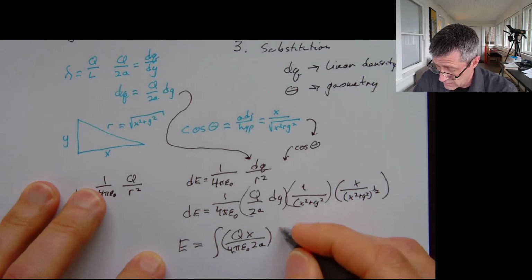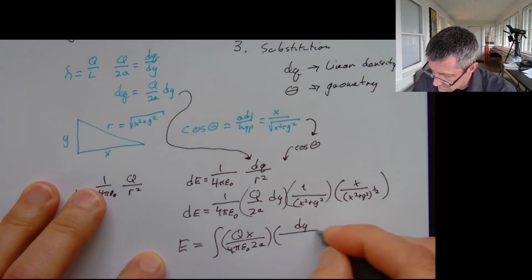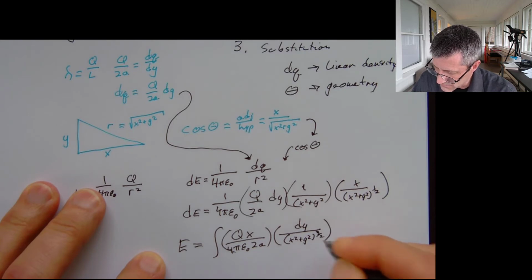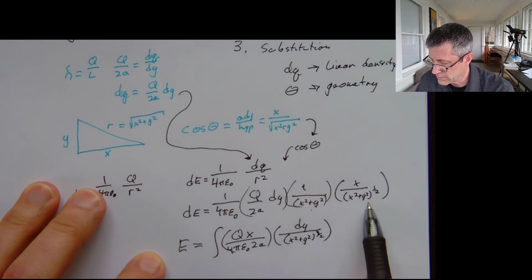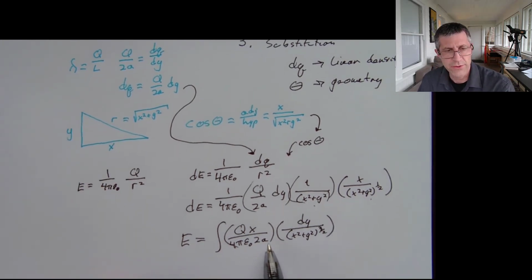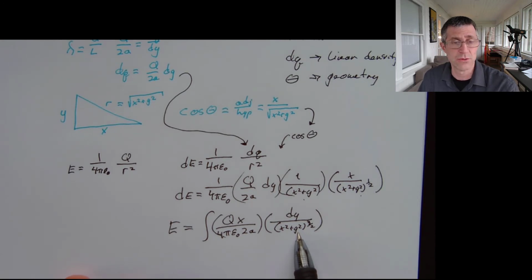I'm going to multiply this by dy divided by x squared plus y squared to the 3/2. Convince yourself that makes sense: I have x squared plus y squared, and I'm multiplying it by x squared. The reason I've written it this way is that I have constants I can pull out, and this is the thing that I need to integrate. And I have no idea how, so I'm going to go look it up online.